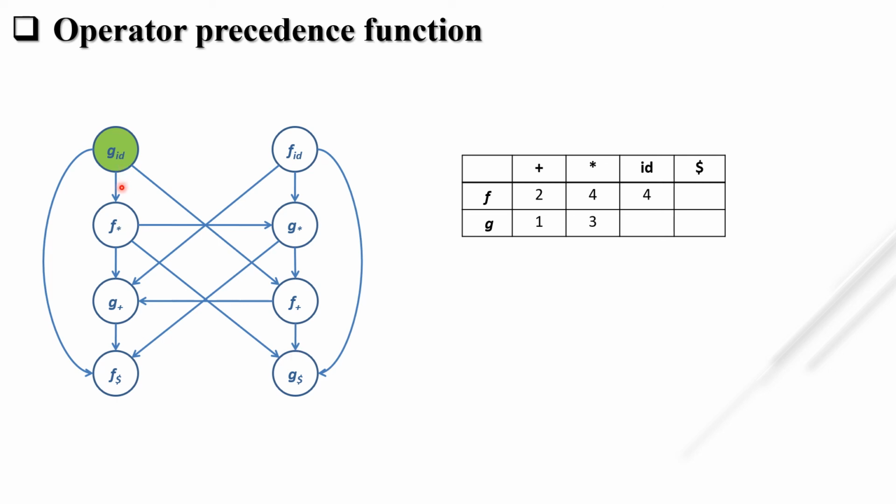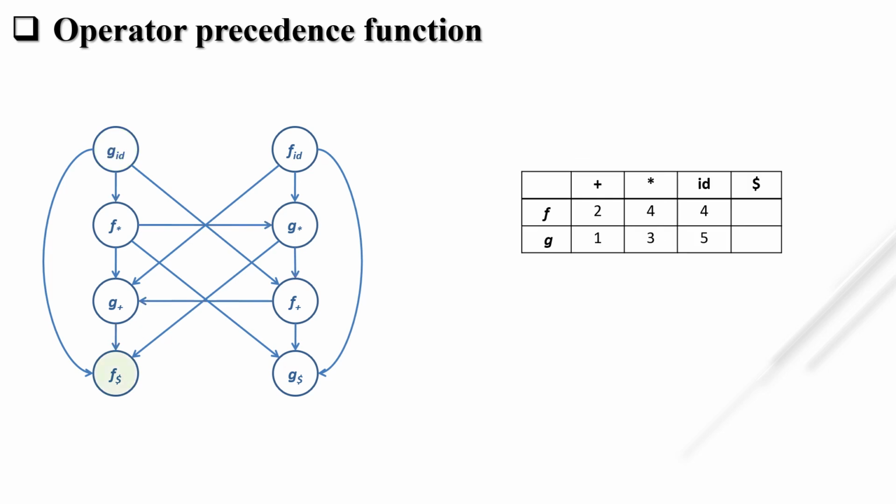Next is 1, 2, 3, 4 and 5. This is the maximum. So we write 5 here. Okay, and in dollar it will end itself. So for f of dollar and g of dollar, 0 is the answer because it is itself the end marker.